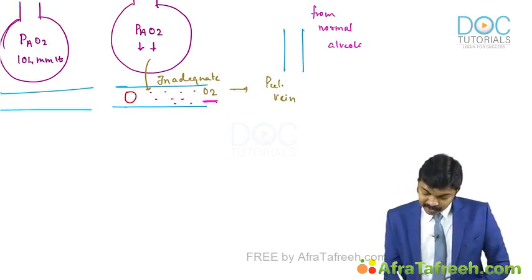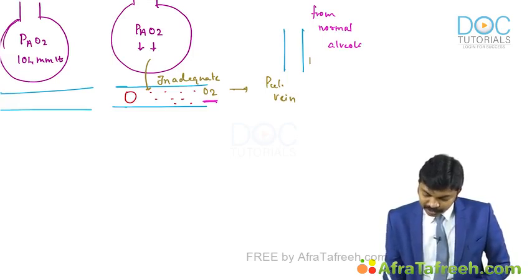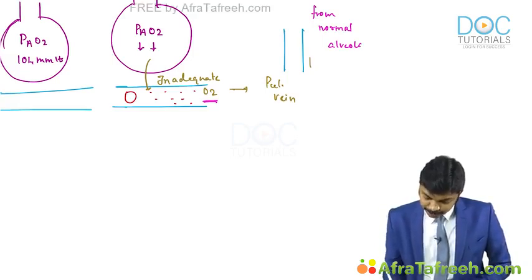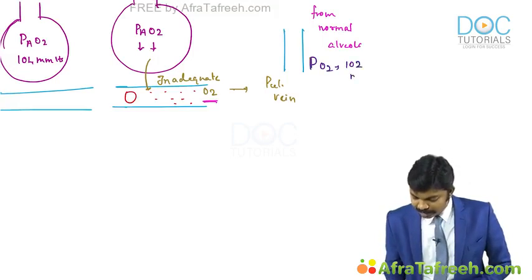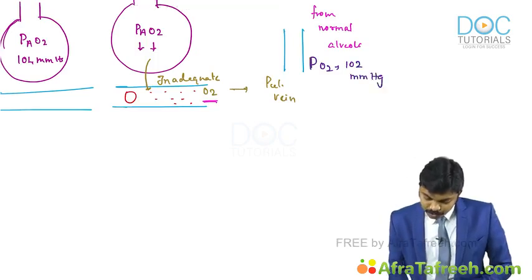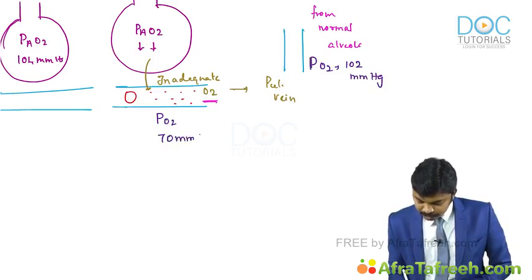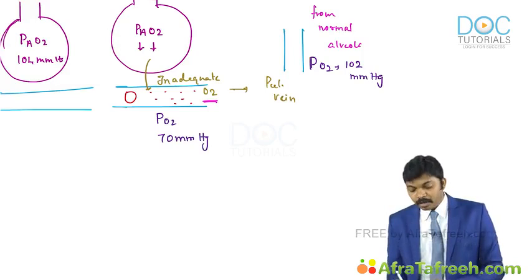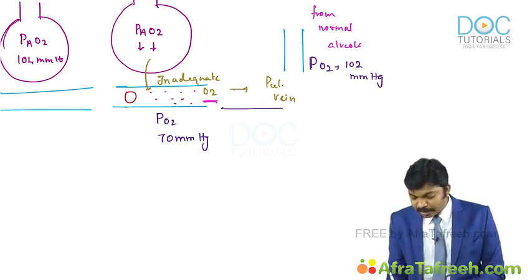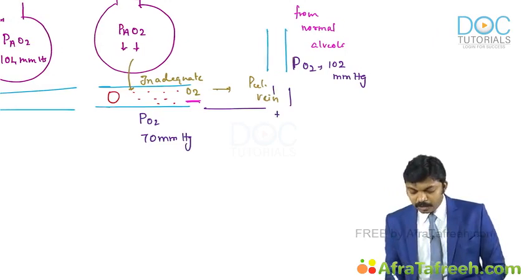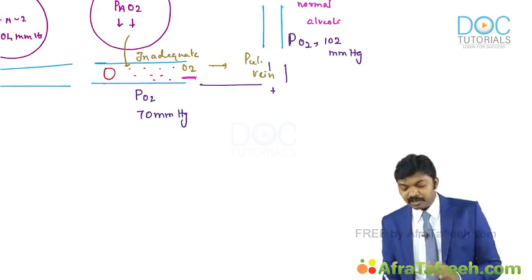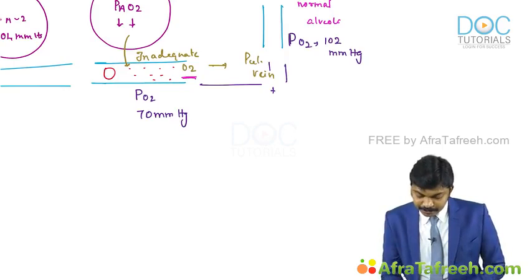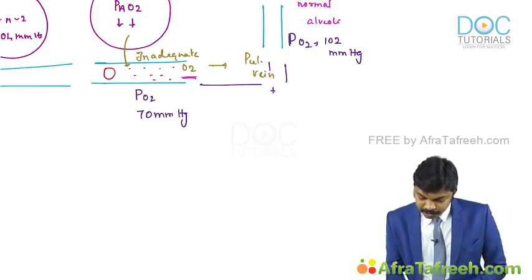So, for example, doctors, let us keep the partial pressure of oxygen in these blood vessels as the normal 102 millimeters of mercury, while this vessel has a partial pressure of oxygen at just 70 millimeters of mercury because of less oxygenation. Now when these two bloods get mixed, there is going to be a reduction in the partial pressure of oxygen in the total blood vessels.